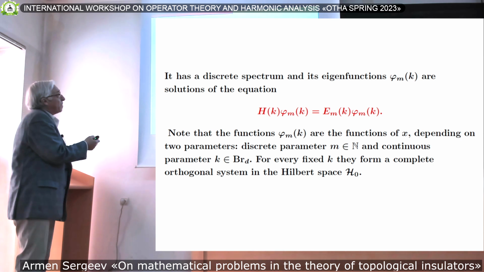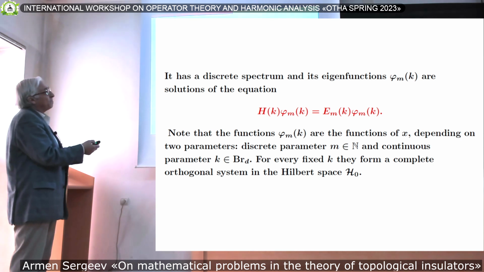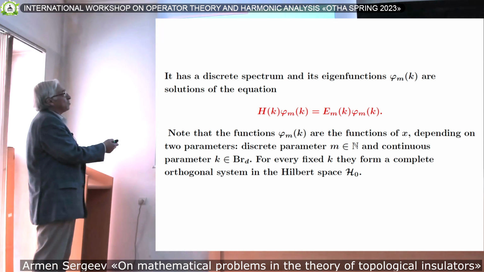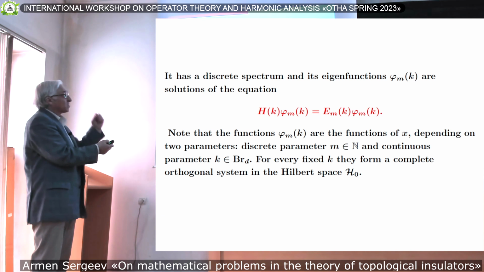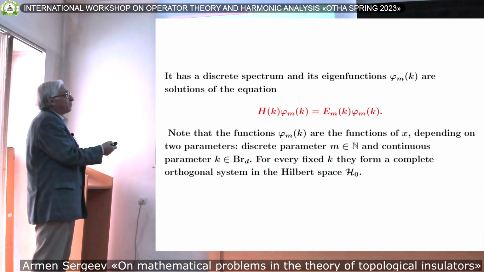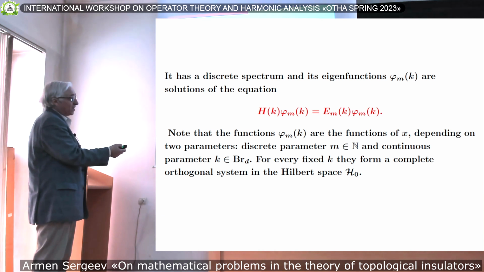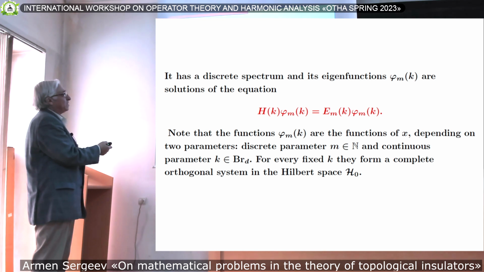It has a discrete spectrum, and its eigenfunctions φ_m(k) are solutions of this equation: H(k) φ_m(k) = E_m(k) φ_m(k). I note that this is an equation for functions on x. So the functions φ_m(k) are functions of x, but they depend on two parameters, which is not usual.